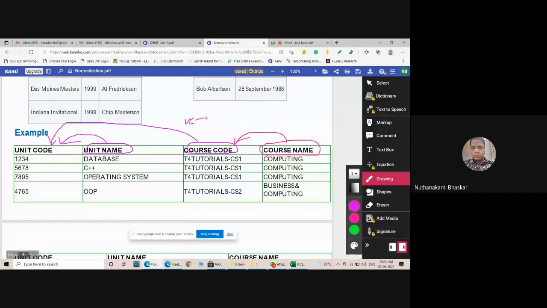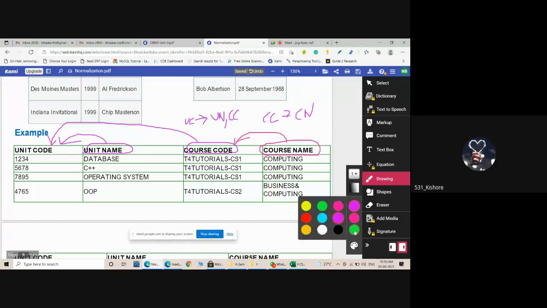Unit code determines unit name, course code. Now, course code determines course name. As per this, X determines Y determines Z, so that we have transitive dependency.